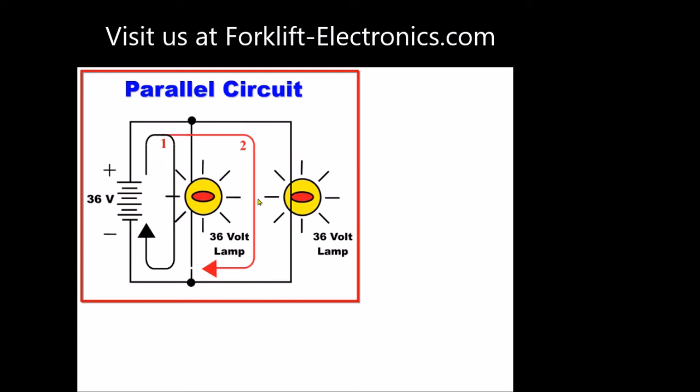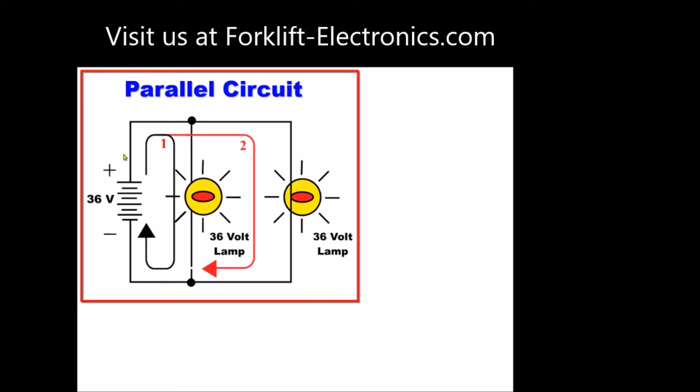So let's say we need 1 amp of current to flow through this lamp, and of course we will need 1 amp of current to flow through this lamp. We need then 2 amps flowing in this line here. Okay, 2 amps flowing that will break off and supply both of our lamps.